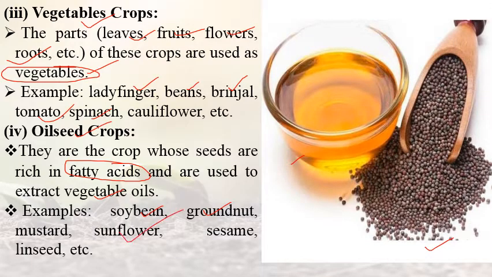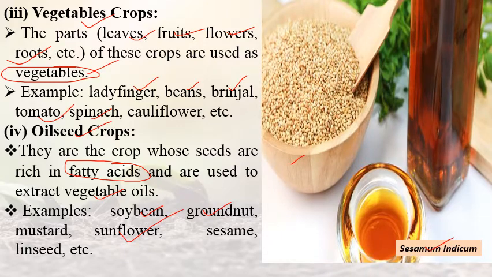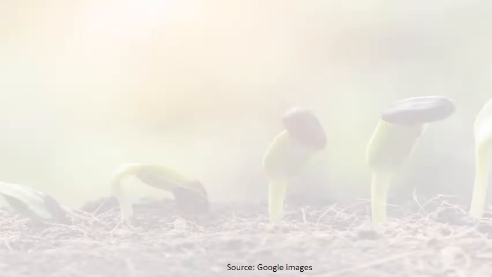Then we have sunflower, which is Helianthus annuus. Sunflower oil comes from sunflower seeds. Then we have sesame, that is Sesamum indicum. Sesame is commonly called til. And next we have linseed. Its botanical name is Linum usitatissimum. So these are some seeds which are rich in fatty acids and produce edible vegetable oils.